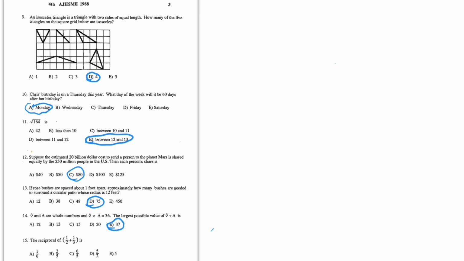Number 15. The reciprocal of 1 over 2 plus 1 over 3 is. So first, 1 over 2 plus 1 over 3 equals, the denominator is 6, 3 plus 2 is 5, so 5 over 6. The reciprocal of 5 over 6 is 6 over 5.